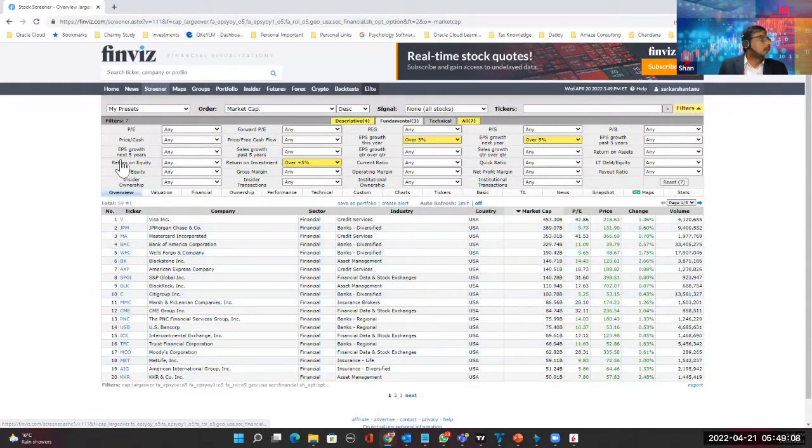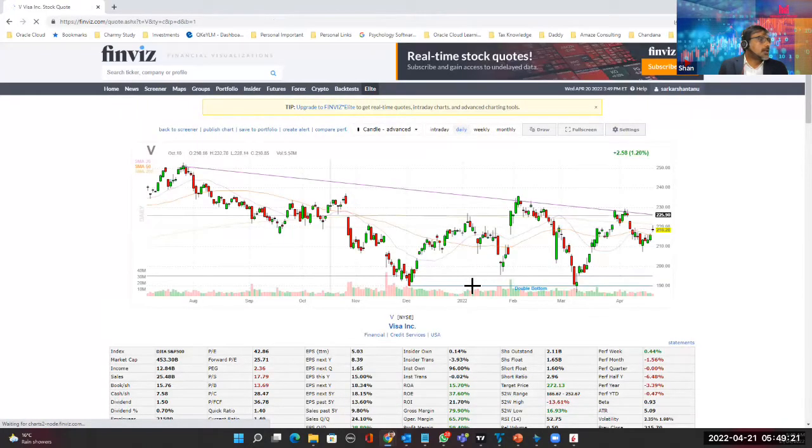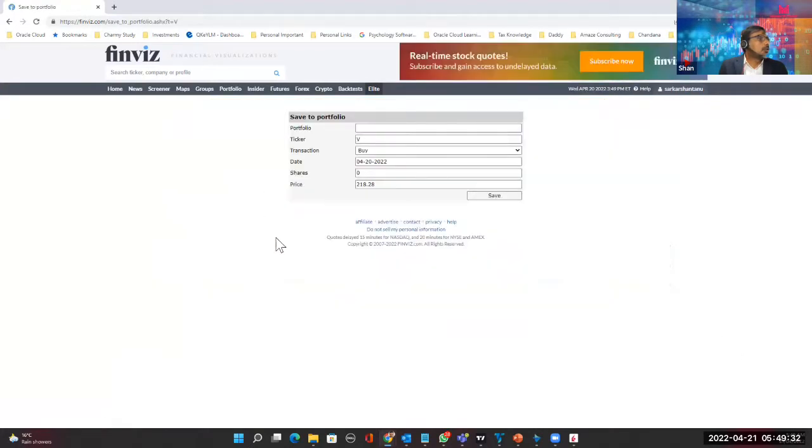So either you can put it here in your portfolio, or you can use some other tools for your watch list as well. So directly, what I can do, I can click on this one, and I can see more results here, and I'll just click on this save to portfolio, and I'll just name it as a watch list.